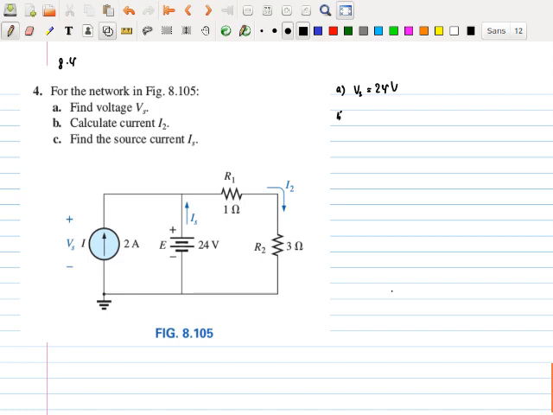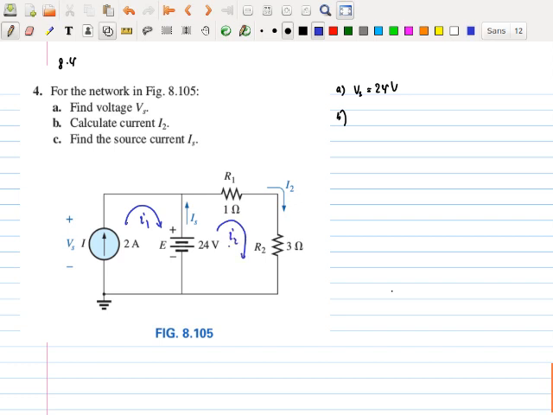Now the second part, B, is to apply mesh analysis to find I1 and I2, or maybe I2 and IS. How do you apply it? Go through the rules. First is identify the loops. How many are there? 2. This is I1.